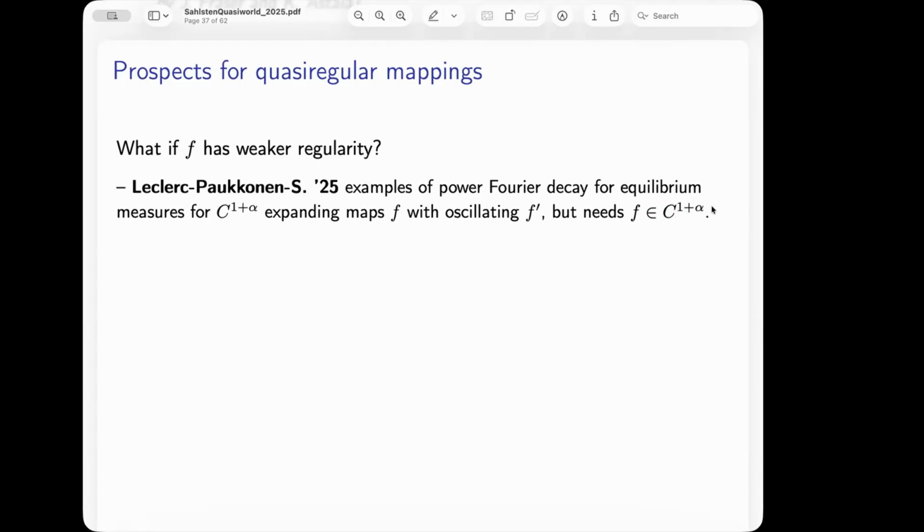When you take a composition of maps, we need to know what the derivative F prime is. It becomes a product, and because it becomes a product, we can use multiplicative convolutions and additive combinatorics in this proof.